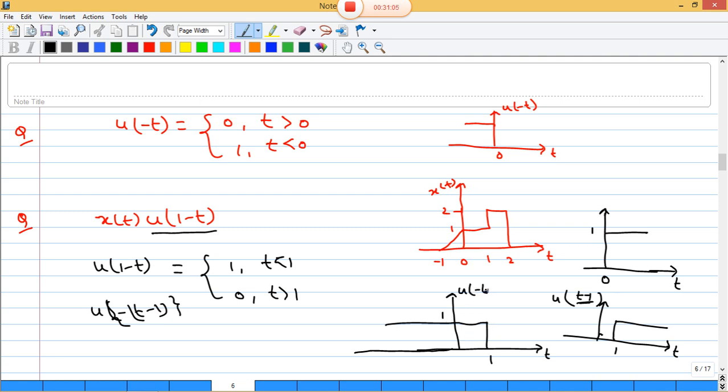U of 1 minus t here. Okay, so this is the signal.